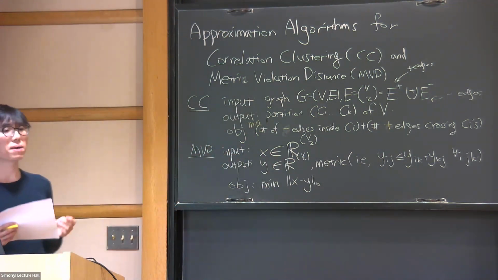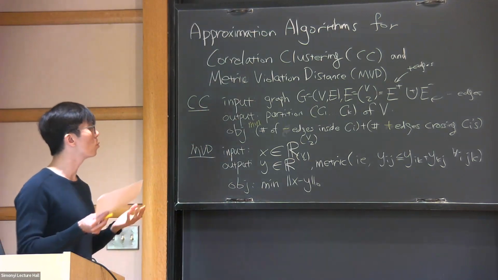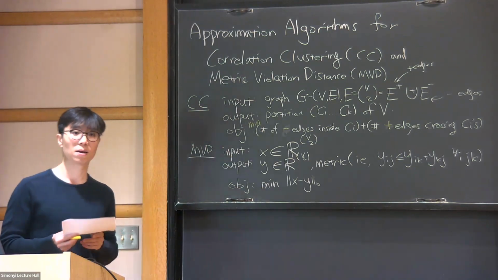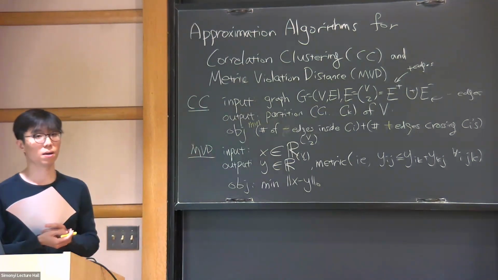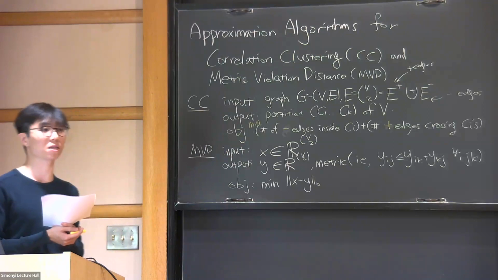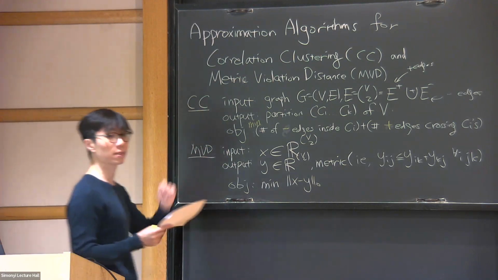The intended meaning is that you are trying to cluster these vertices, and you run some kind of classifier on each pair, such as a human classifier. If it tells me that I and J must be in the same cluster, they're the same item, then the input becomes plus.